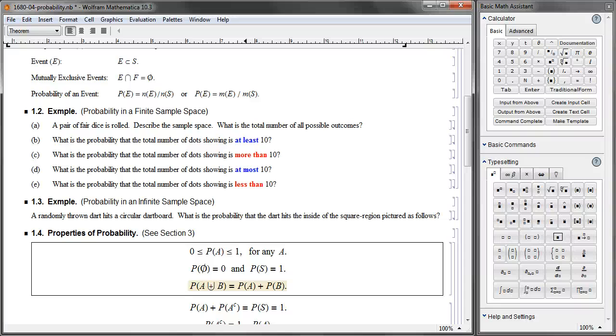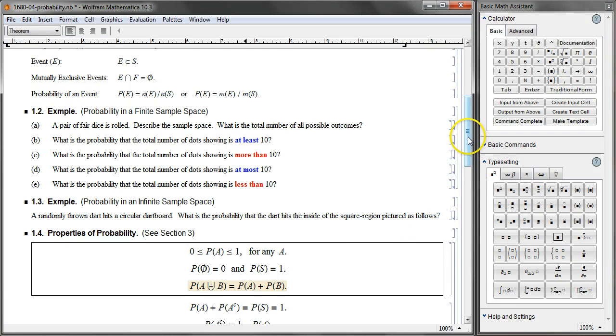The next one, the probability of a disjoint union, where 2 mutually exclusive events, will be the sum of those probabilities. This union notation with this plus sign here represents a mutually exclusive union. Not just A or B, but A or B where A and B together is impossible.